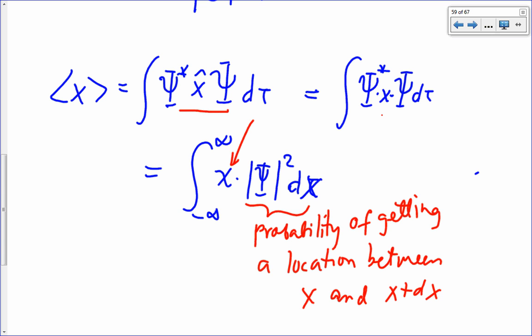This one? How did I get that? That's a multiplicative operator. When you apply x hat on function f, it's just x times f. Remember, coordinates are multiplicative operators. Location, the operator for that is postulate number 3. Go back.